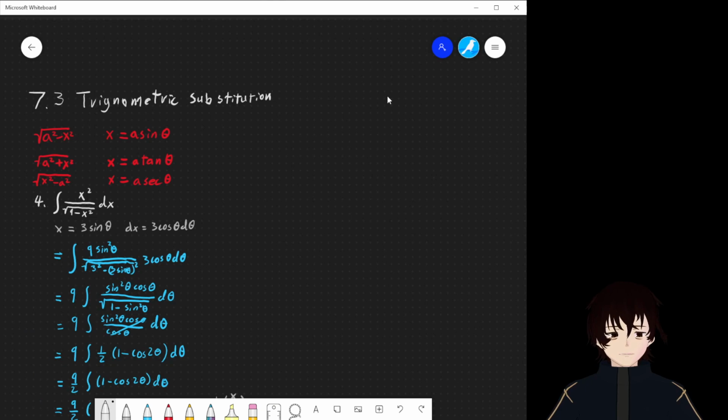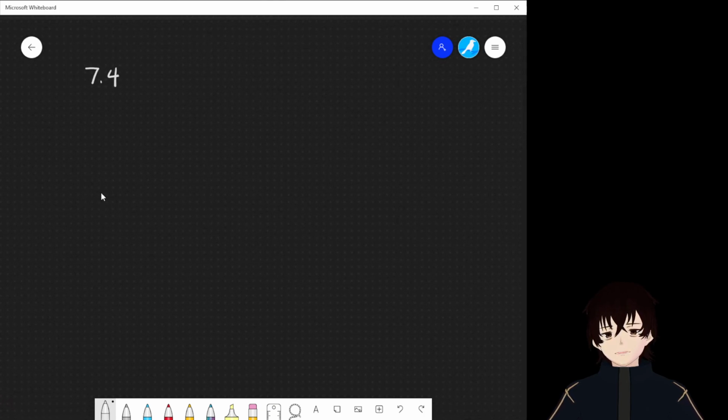So I'm just gonna go ahead and line these up. 7.4 first. 7.4 integration of rational functions by partial fraction.